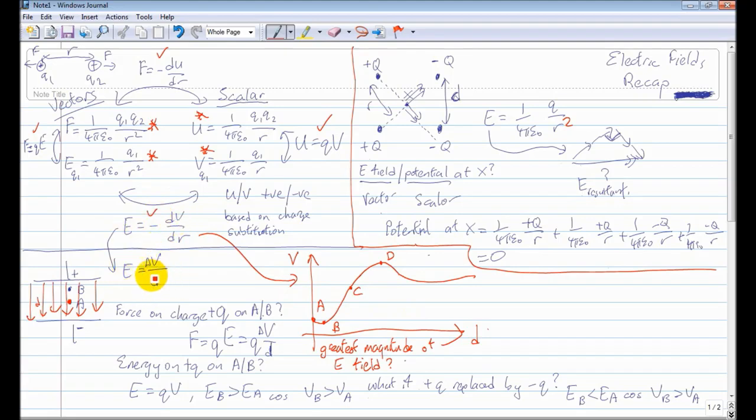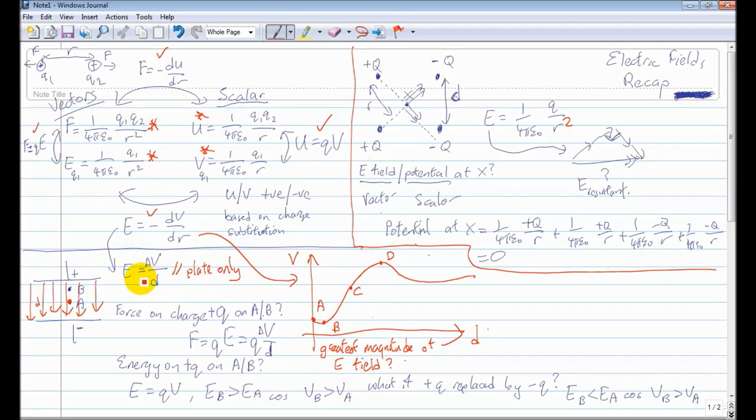For every change in delta d, where d is a distance in the vertical direction, for every fixed change in delta d, the delta V will be the same. So the change in potential per unit length is the same throughout. That's why I can simplify this formula into this formula. So this is for parallel plate only, or when they say electric field is constant.